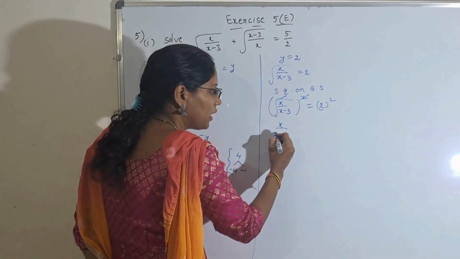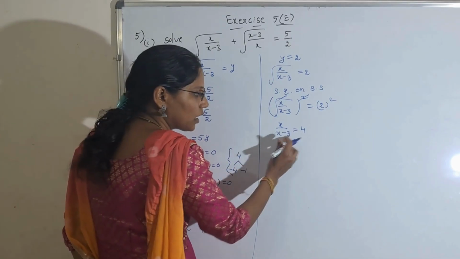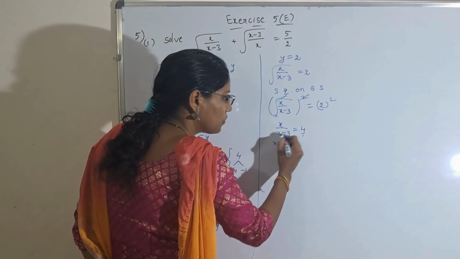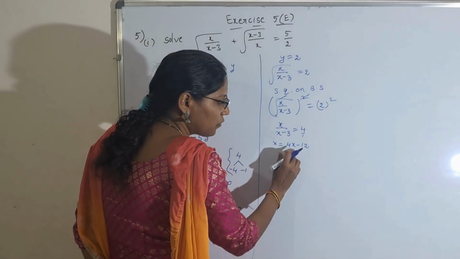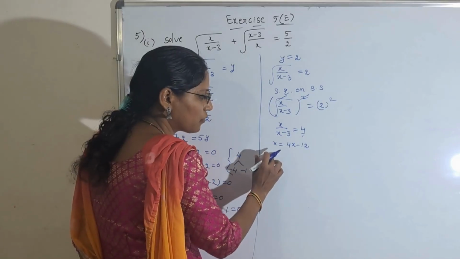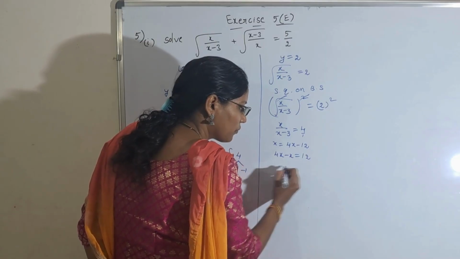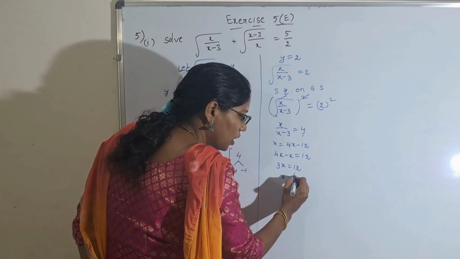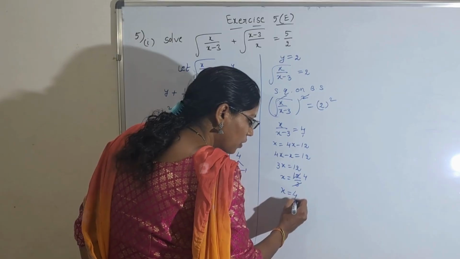Here x by x minus 3 is equal to 4. Cross multiplication: x is equal to 4x minus 12. This x value we shift to the right side, 12 we shift to the left side. Here 4x minus x is equal to 12, so 3x is equal to 12. X is equal to 12 by 3, that is x is equal to 4.